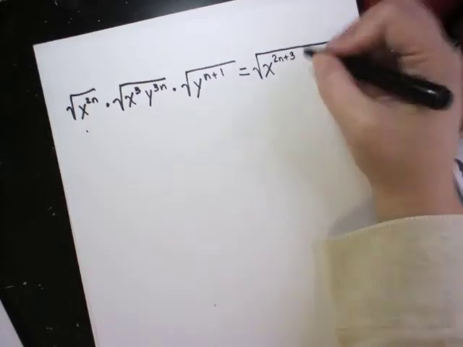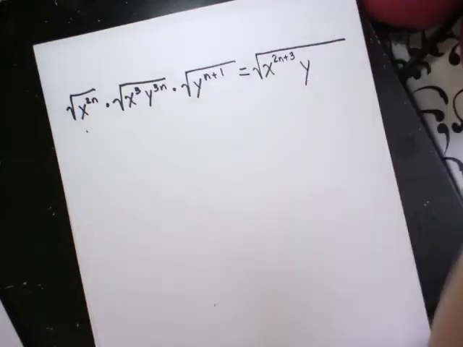And then what about my y? That would be y to the 4n, because you can combine that. But what about the other one? There's not another y. There's a 1 right there.